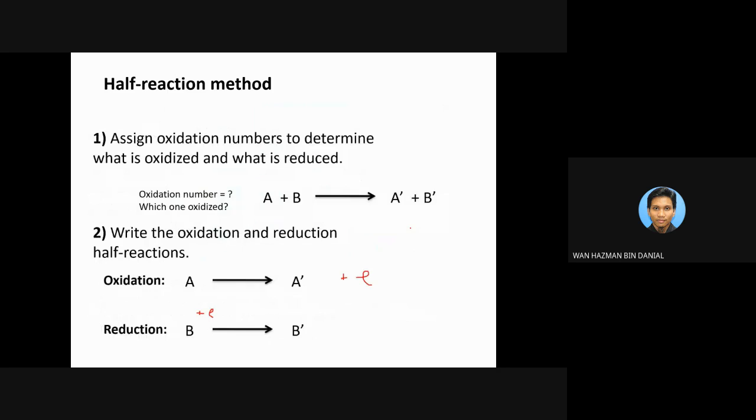How do we balance this? In fact, the first step we can skip if we have already identified it. But to be safe, just check the oxidation numbers to make sure which one is oxidized and which one is reduced. Then we write the half reactions, oxidation and reduction, in separate equations.